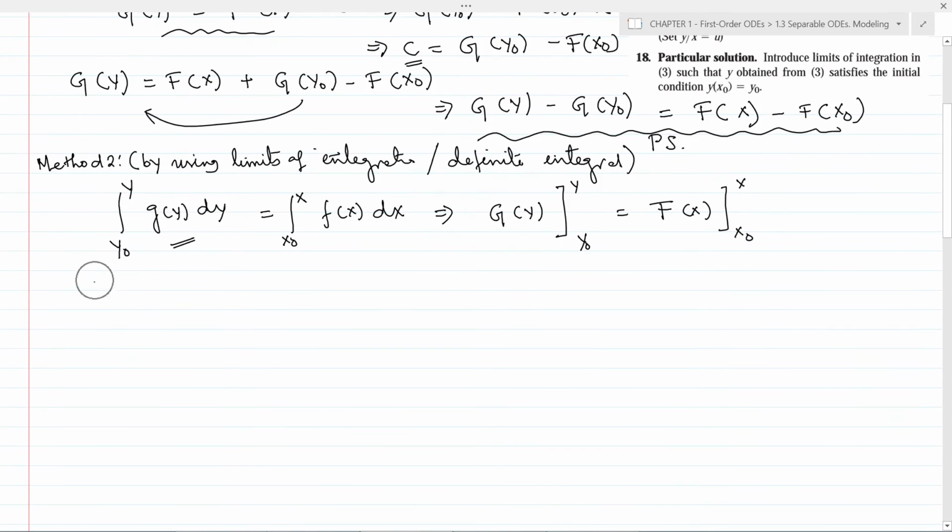Now from definite integral we know that this term will be G of the upper limit minus G of the lower limit. So this will be G of y minus G of y0. Same with the right hand side, this will be F of the upper limit x minus F of the lower limit x naught. And this result we got by using a definite integral or by using limits of integration.